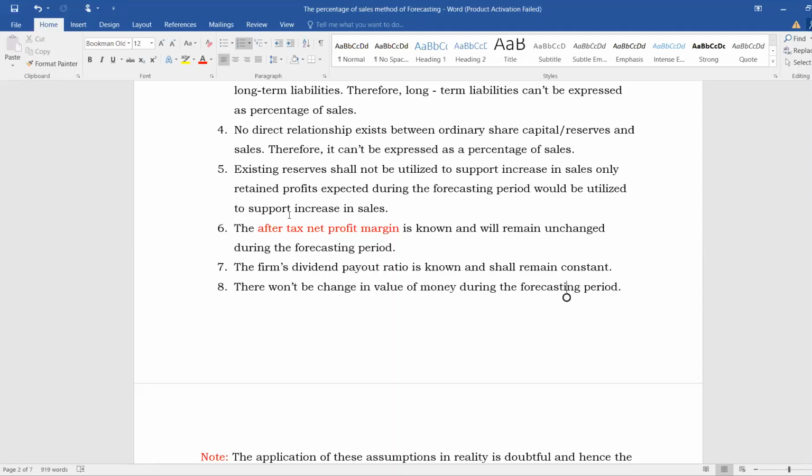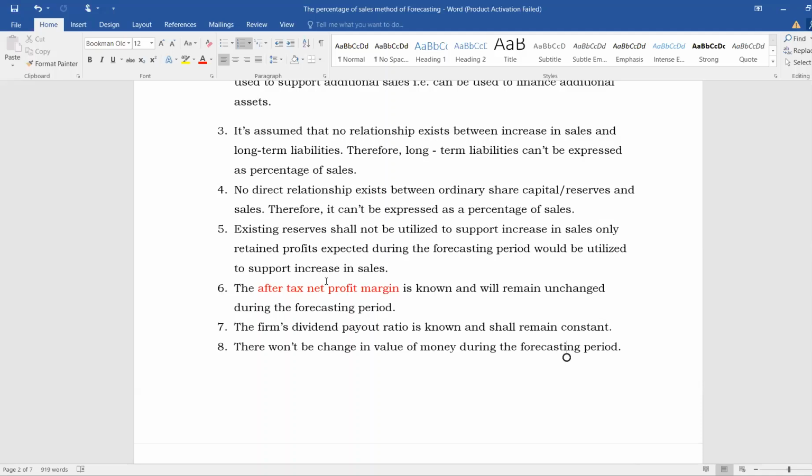Once we have used the after-tax profit margin to establish the forecasted net profit after tax at the end of each forecasting period, then we work out the dividend payable so that we capture retained earnings. Forecasted profit after tax less forecasted dividend payable shall give us forecasted retained earnings. And these are the ones which I'm saying we assume.